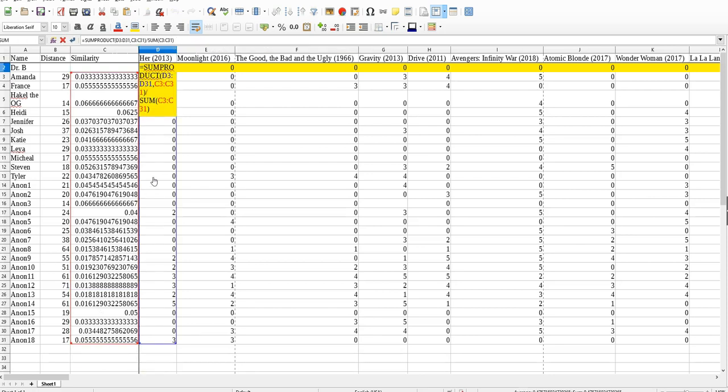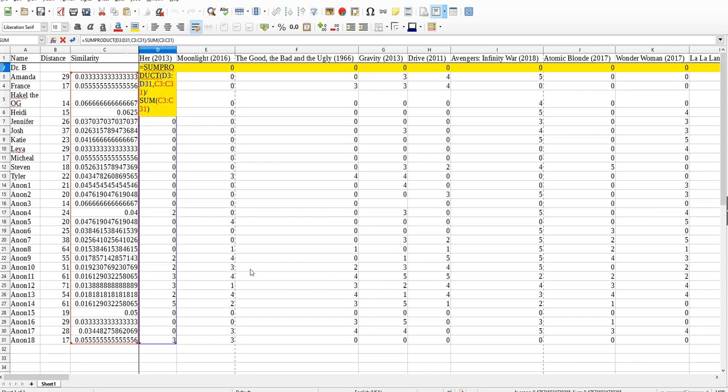Tricky part number 2 is that I actually don't want to count the people who haven't seen the movie. So I don't want to count everyone's similarities. I just want to count the people who saw the movie. Here in the sum product, they're actually counted as 0 because you're doing 0 times the similarity, so they are not included in the numerator. But I don't want to include them in the denominator.